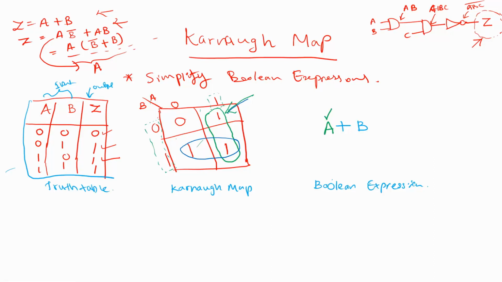There again, we have 0 and 1 both for A and 1 for B. So since we have both 0 and 1 for A, we are not going to take A. We have only one value for B. So we are going to check whether that value matches with the value inside the circle.